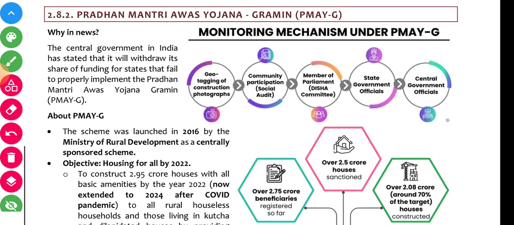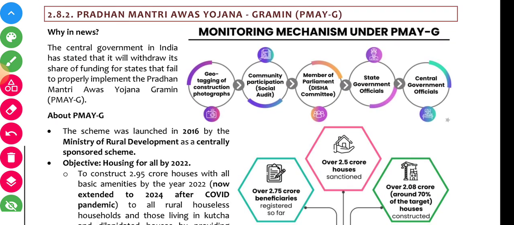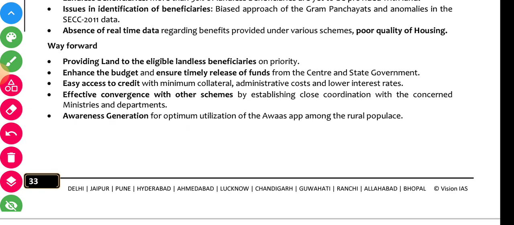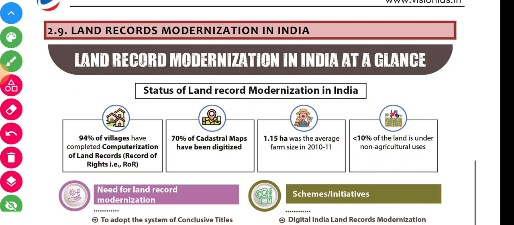You can remember Pradhan Mantri Awas Yojana Gramin, which is complementary to the Pradhan Mantri Awas Yojana Urban. What are the way forward, key challenges as well as initiatives taken by the government?